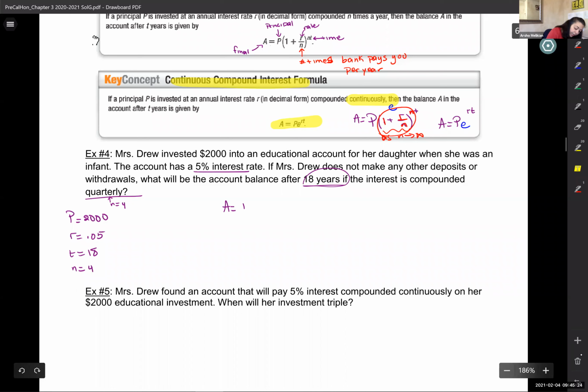So we say A is P, 1 plus r over n, to the nt. That's 2,000, 1 plus 0.05 over 4, to the 4 times 18. You plug it all in, and it gets you $4,891.84.